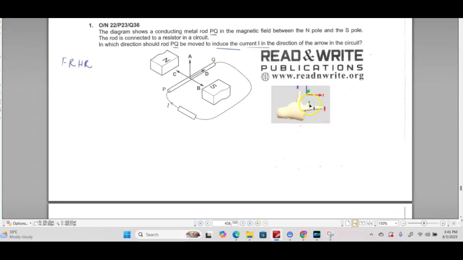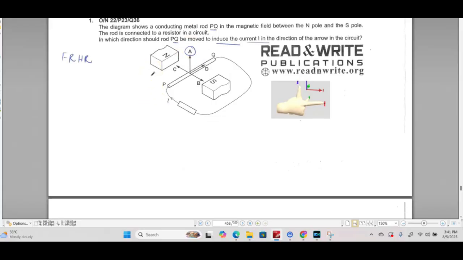The second finger is pointing towards the current, and our thumb gives us the direction of force, which is in the upward direction. So this is where the rod PQ should be moved to induce the current I in the circuit as shown. So if we look at our options A, B, C and D, we know that the force has to be in the upward direction. So we are going to select A for that.